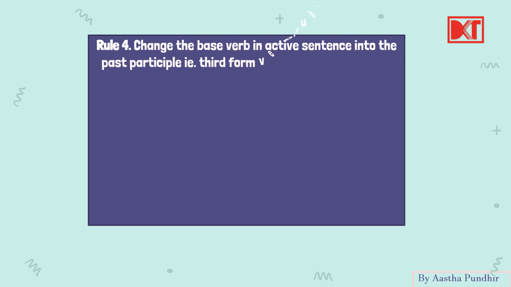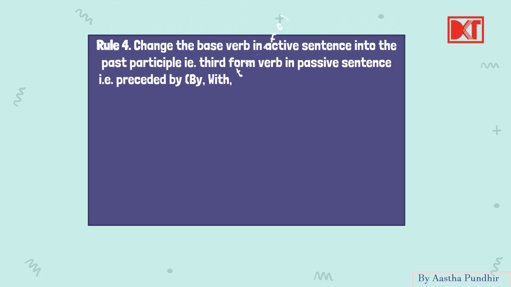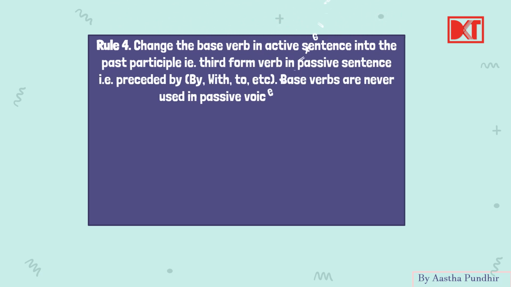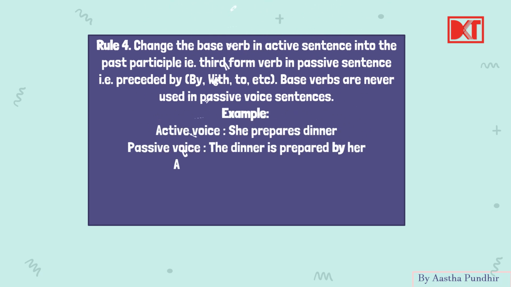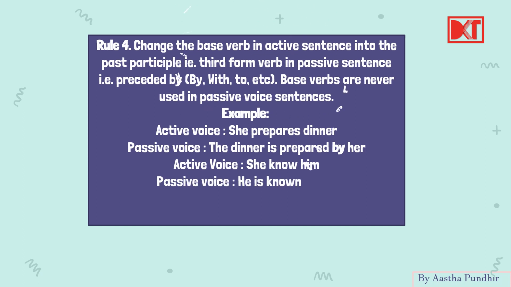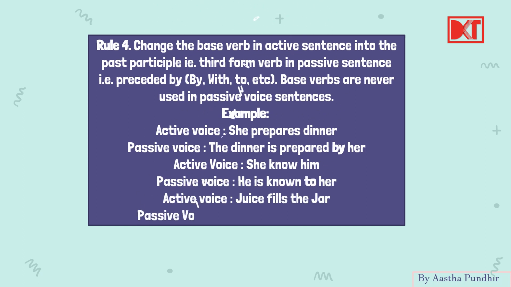Okay, so here now we have the next category of rules. Rule 4 says change the base verb in active sentence into the past participle. This is a very important rule.